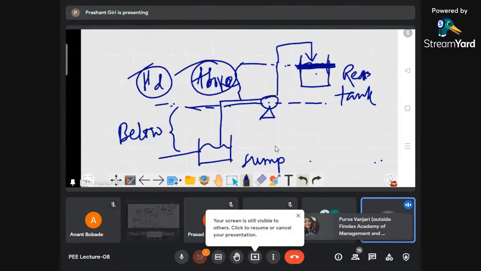So the difference between the center of the pump and the level of the fluid in a reservoir is known as the discharge head. Okay.